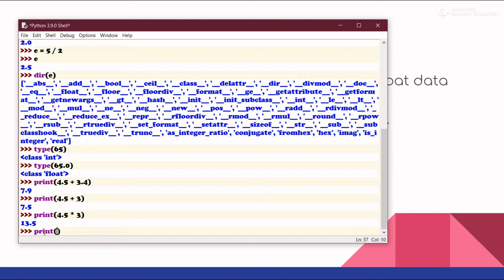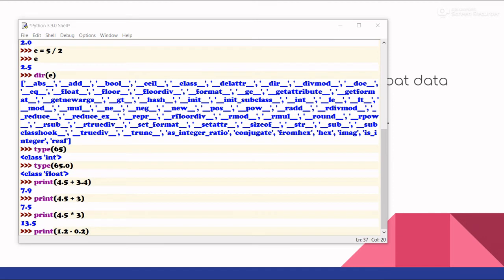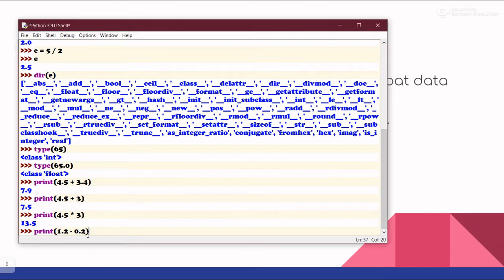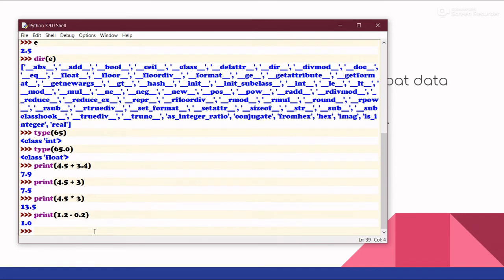Now, the division thing. Now let me just show you one more thing. What happens if I do 1.2 minus 0.2? The result is obviously an integer if you notice properly. When we subtract 0.2 from 1.2, we will get 1, right?